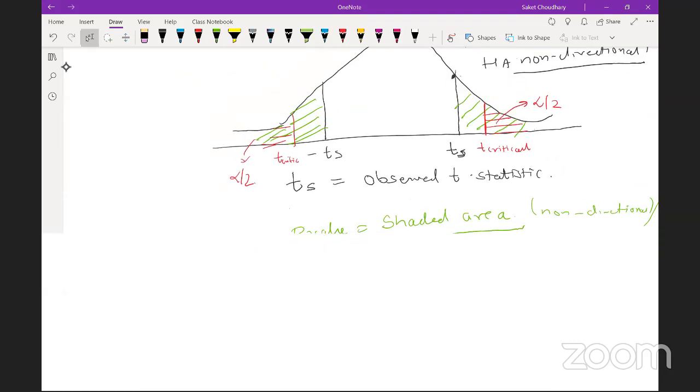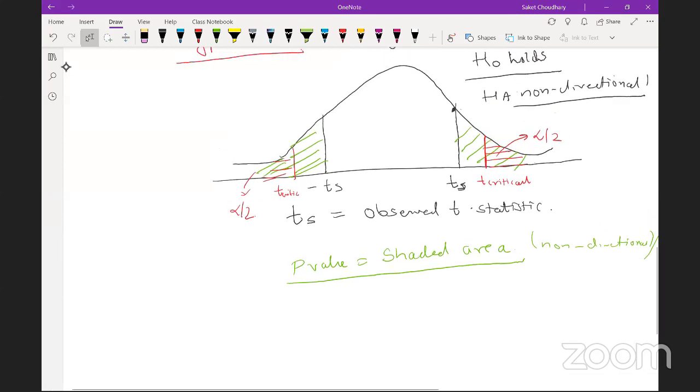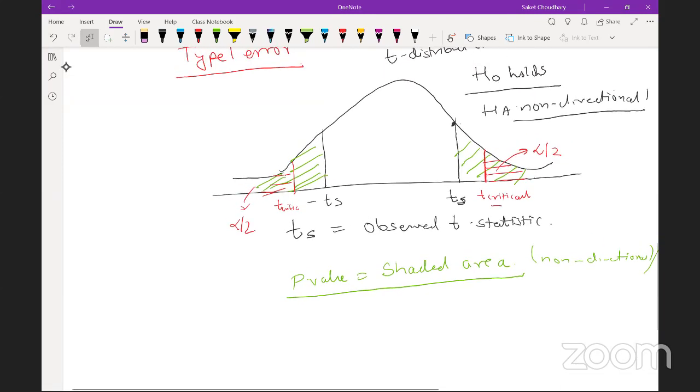I say that a particular p-value is significant if it lies beyond my t critical values. If your t statistic is much more extreme than your t critical, that means you observe, if you're on the right side of 0, a higher t value, then you say that the chance of observing this t statistic, let's say it lies somewhere here, is very small, assuming my null holds.